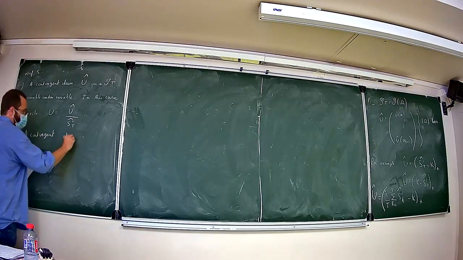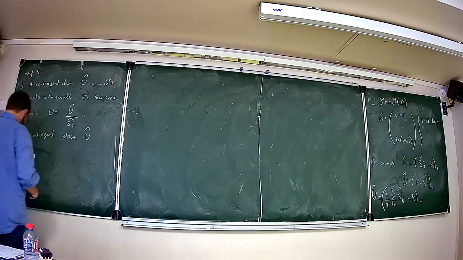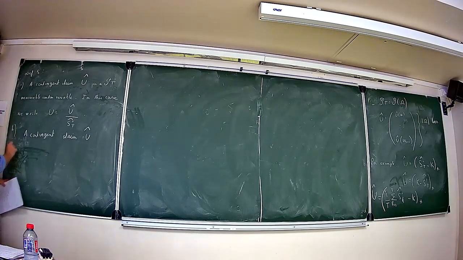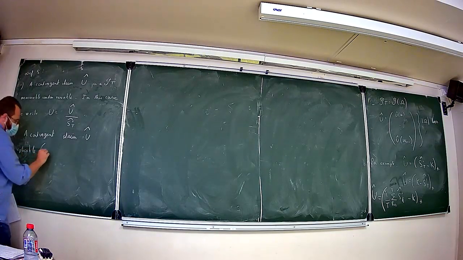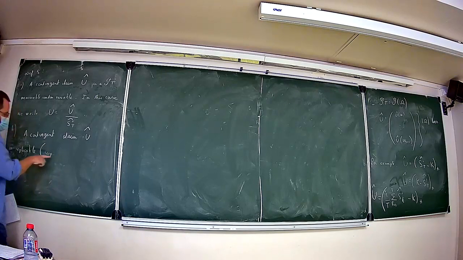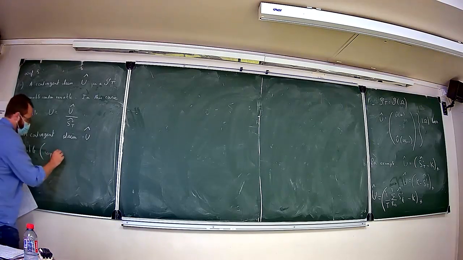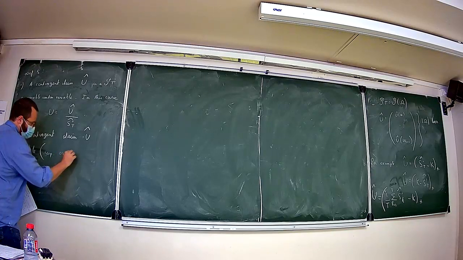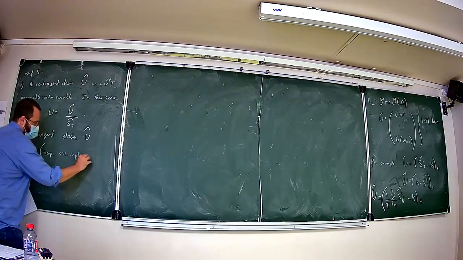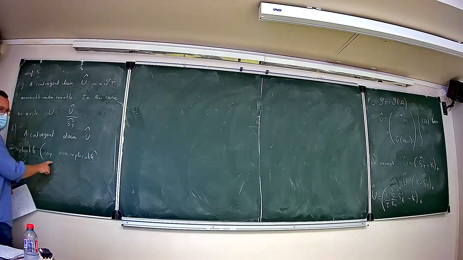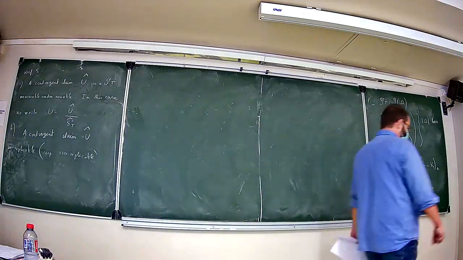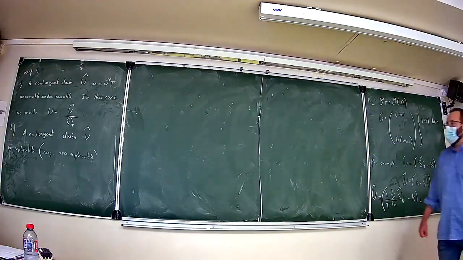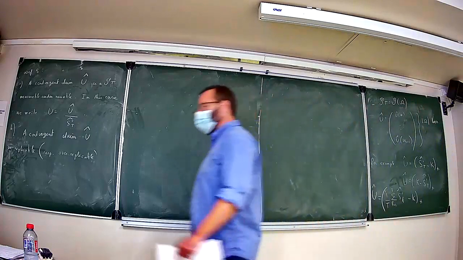A contingent claim U at capital T is replicable, and I will also give the definition of being, respectively, over-replicable.